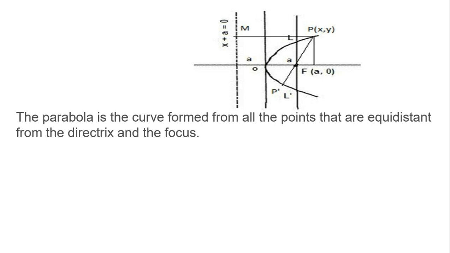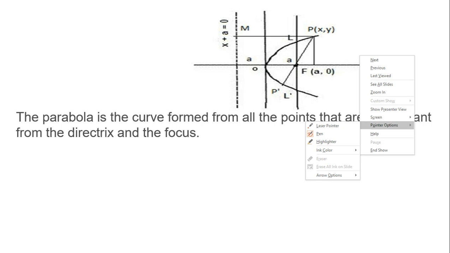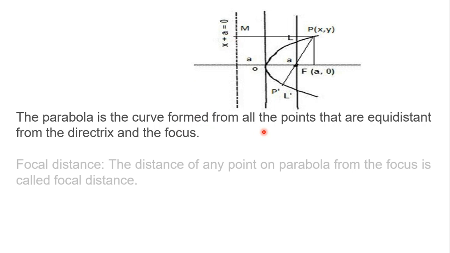So if the point moves making distance equal from focus and directrix, then the curve is known as parabola. So the two definitions are the same, that eccentricity value equal to 1 or this equidistant, both are the same, because if this PF and PM, distance from fixed point and fixed straight line, are equal, the ratio of this PF over PM will be 1. So from both we get the same conclusion.